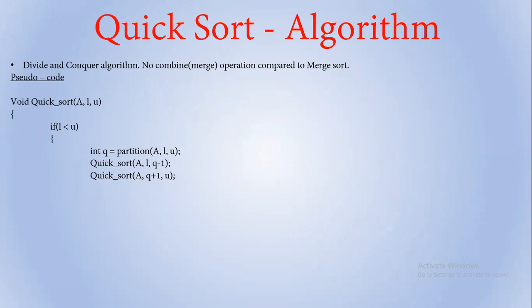That is another difference between quicksort and merge sort. In merge sort, all the elements of the input array were recursively merge sorted. But here, from L to Q minus 1 the first quicksort will take place, and from Q plus 1 up to the upper element of this input array the second quicksort will take place.